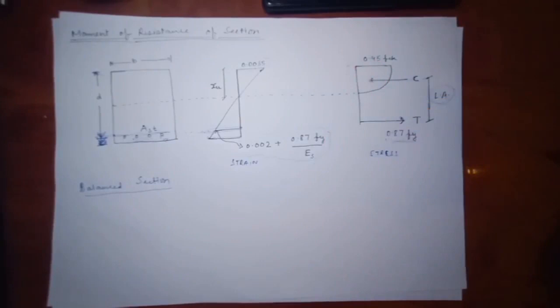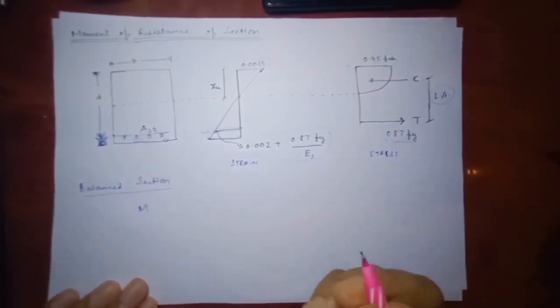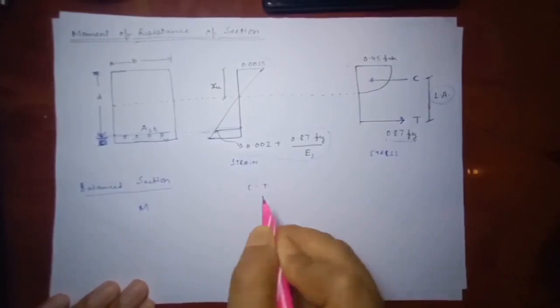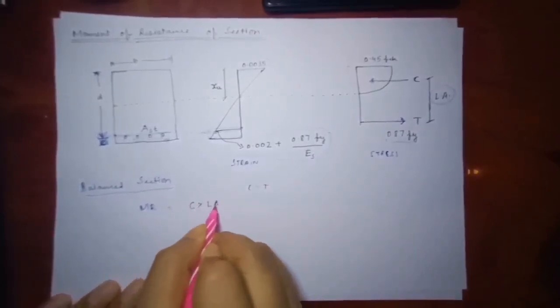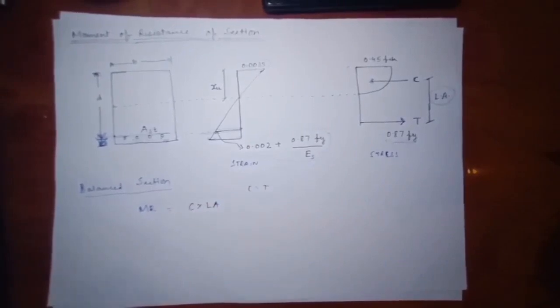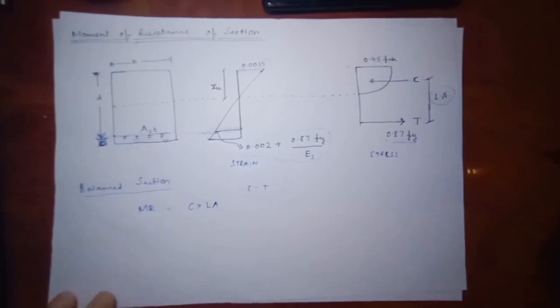So now for the balance section I can write that we know that C is equal to T, so also MR is equal to C cross LA, because moment will be the force that is acting multiplied by LA, that is our lever arm.